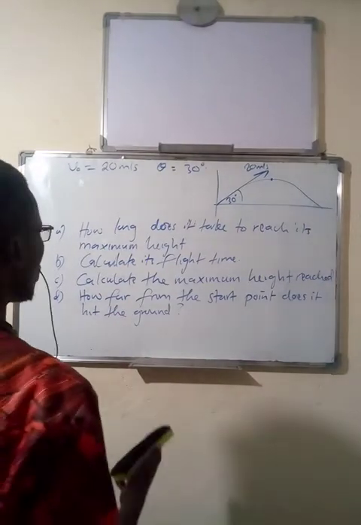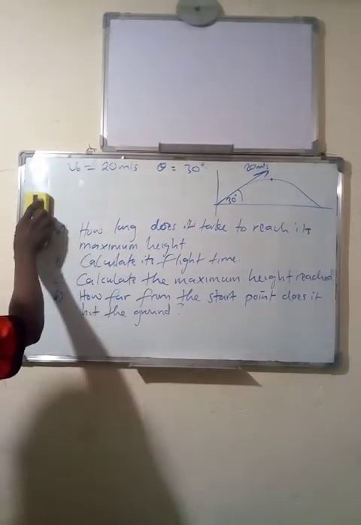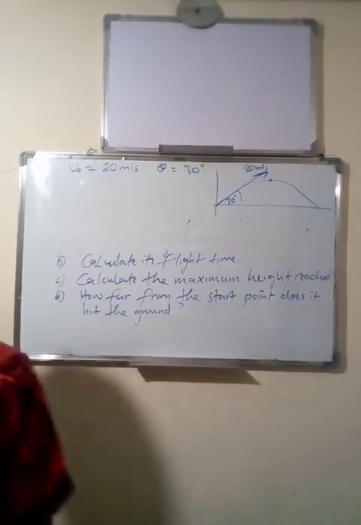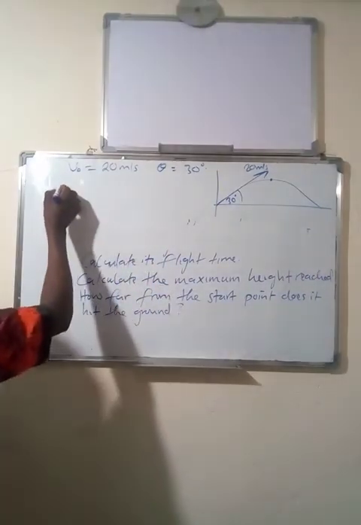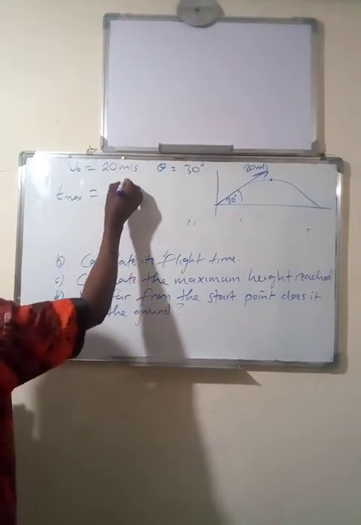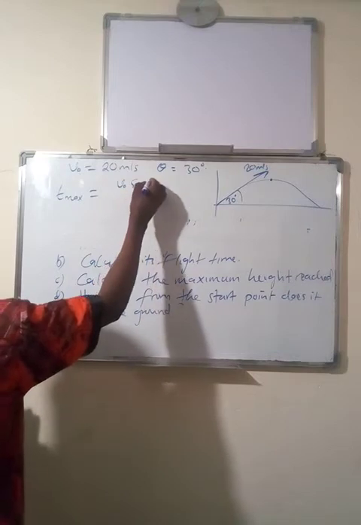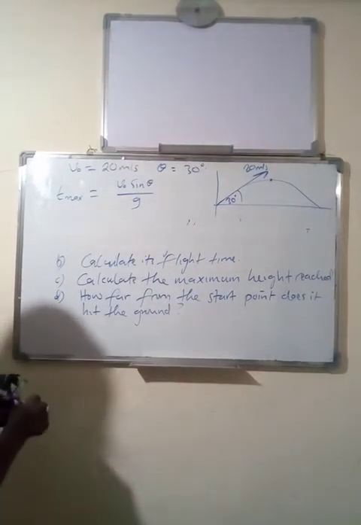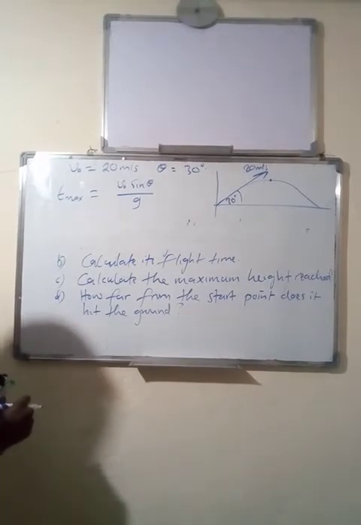Now, we're going to use the equation for the time it takes to reach the maximum height. Remember, I said that T max is equal to V initial sine theta divided by g.